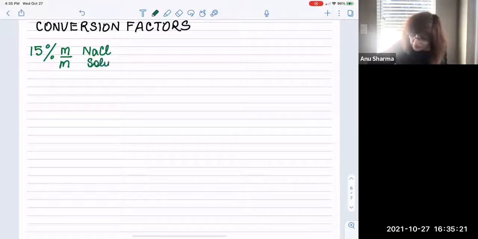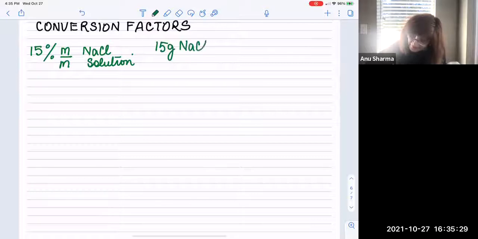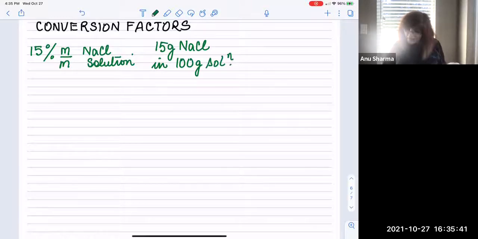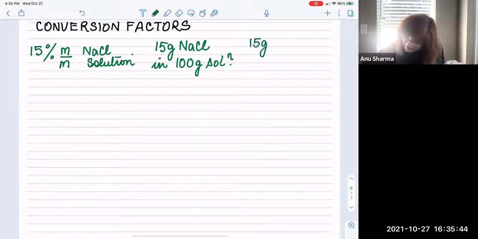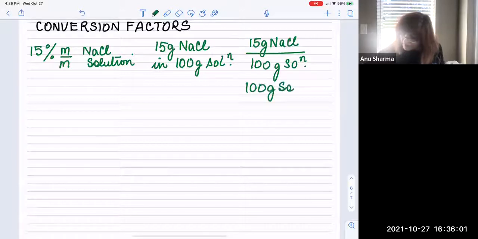This means that 15 grams of NaCl is dissolved in 100 grams of solution. The conversion factors are 15 grams NaCl over 100 grams of solution, or 100 grams of solution over 15 grams of NaCl.